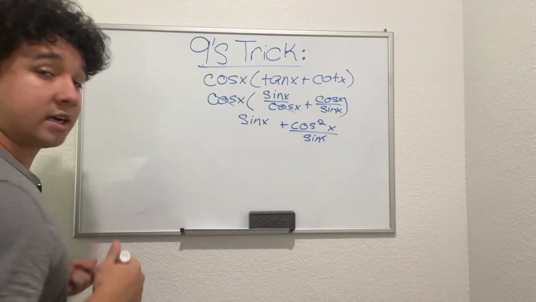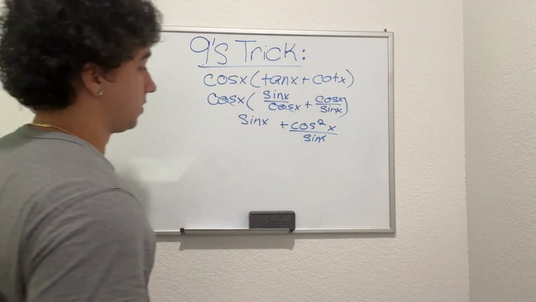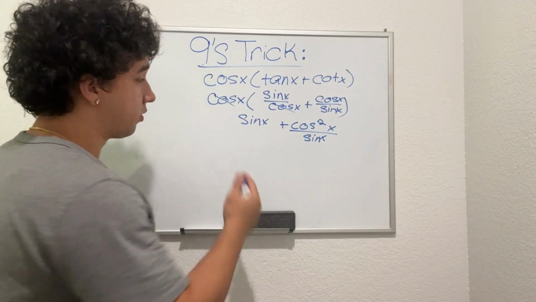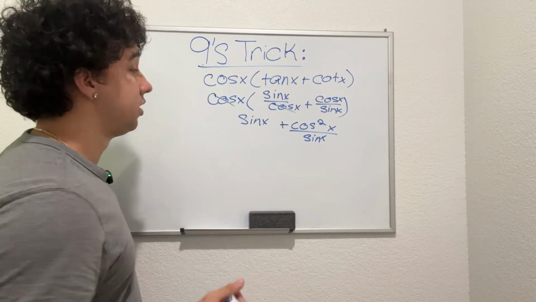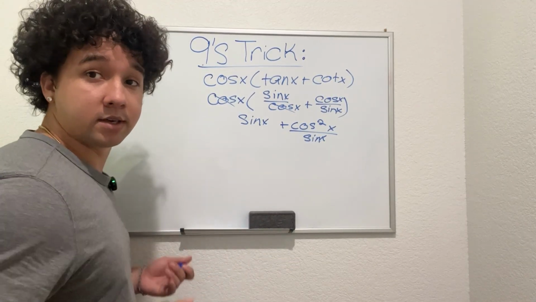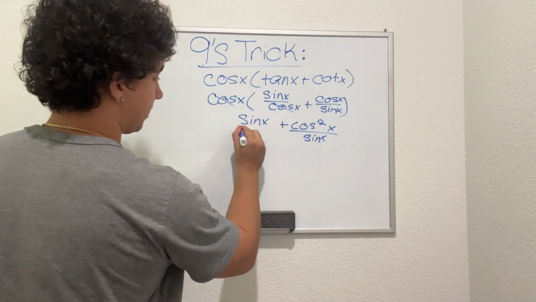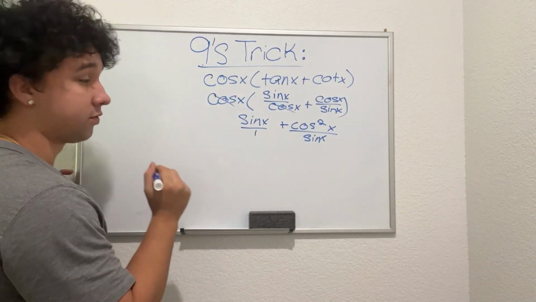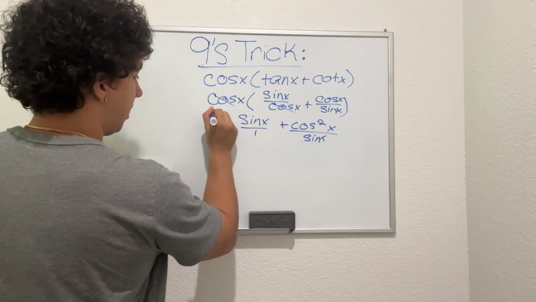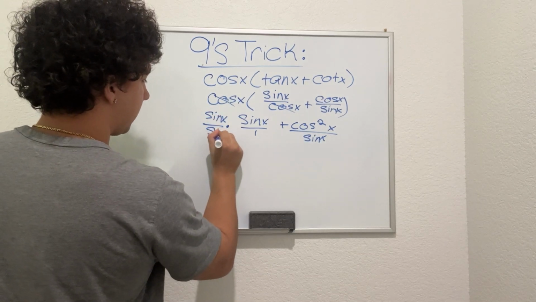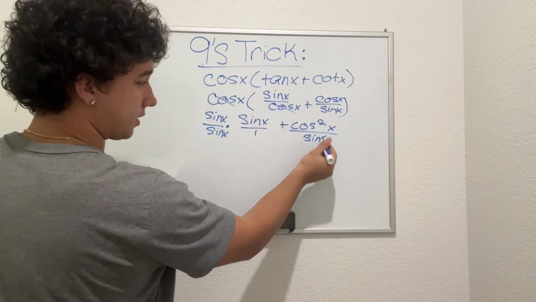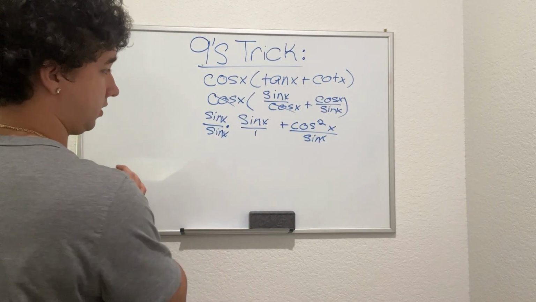All right, next thing I need to do here is combine these two terms together. In order to add fractions, I need a common denominator. Sine x is the same thing as sine over 1. So for me to find a common denominator, I'm going to multiply this thing by sine x over sine x. The reason why is because I want to have a common denominator, sine x.